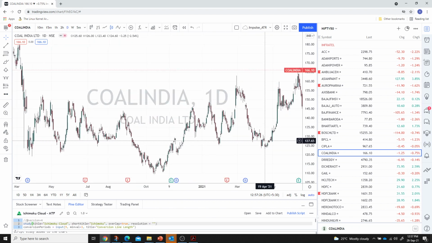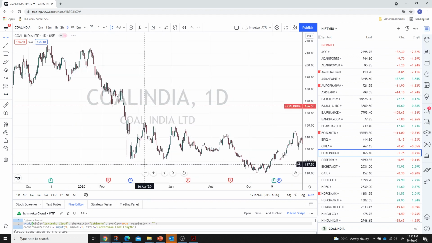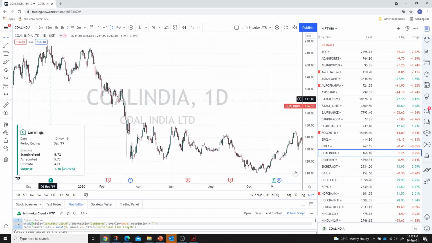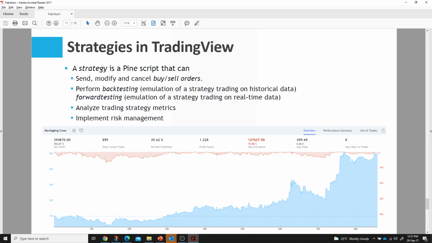Ignore the price action for a moment. You can see whether earnings have been positive or negative, and you can see what the price did when there was negative earnings, what the price did when there was positive earnings. It is not a surety that only in negative earnings price will go down. Even for positive earnings also price can go lower, like you see here. Yeah, so it lets you build your hypothesis. Okay, I think I have covered most of what I wanted to speak.